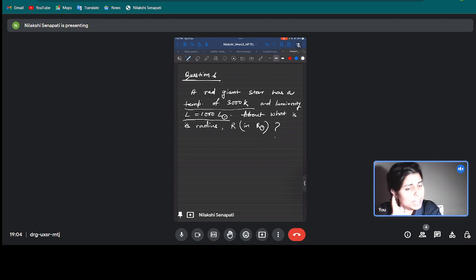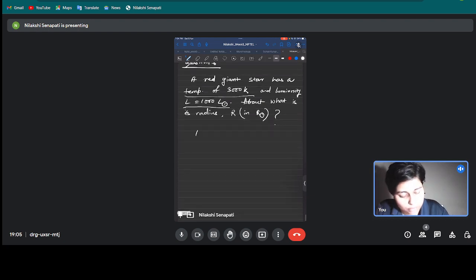So, do you remember any formula or relation, any proportionality, of how the luminosity, temperature, and radius vary? Yes, ma'am, L equal to 4 pi sigma R square T to the power 4. Absolutely correct. Very nice. So L is equal to 4 pi sigma R square T to the power 4.